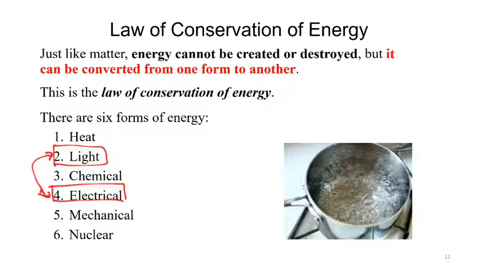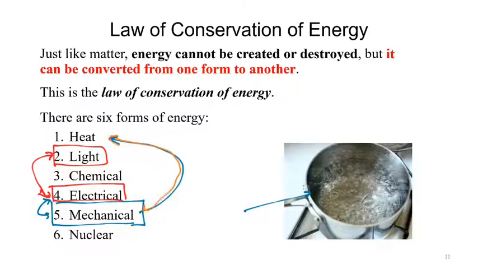Usually it's coming from mechanical energy. That mechanical energy could quite likely be the boiling of water, which means our mechanical energy came from heat energy. Heat causing water to boil, which caused a turbine to move, and there's our mechanical.